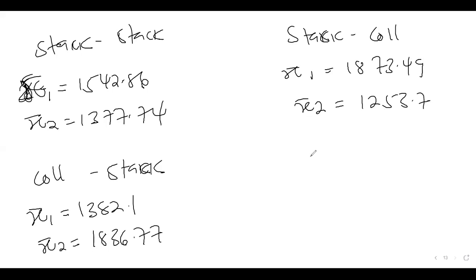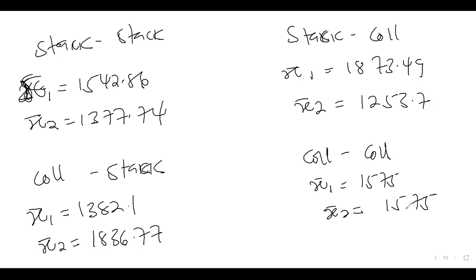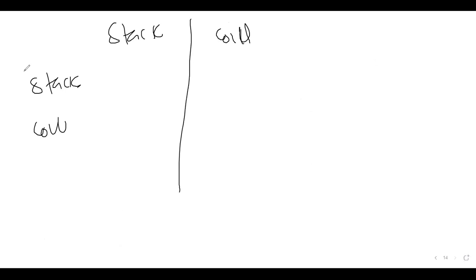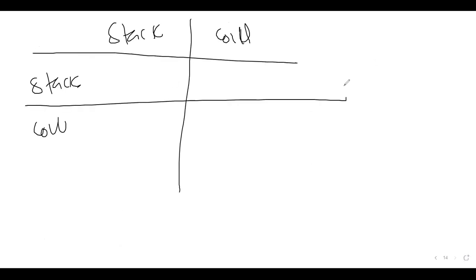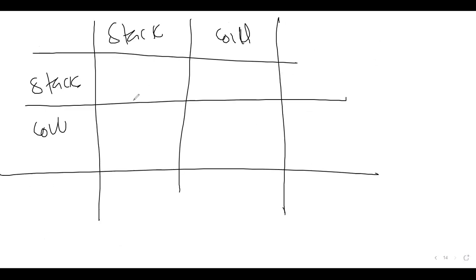And if both of them collude, firm 1 will get a profit of 1575. Firm 2 will get a profit of 1575. So we can draw this in a normal form. Once we draw it, we will have Stackelberg and Collusion.